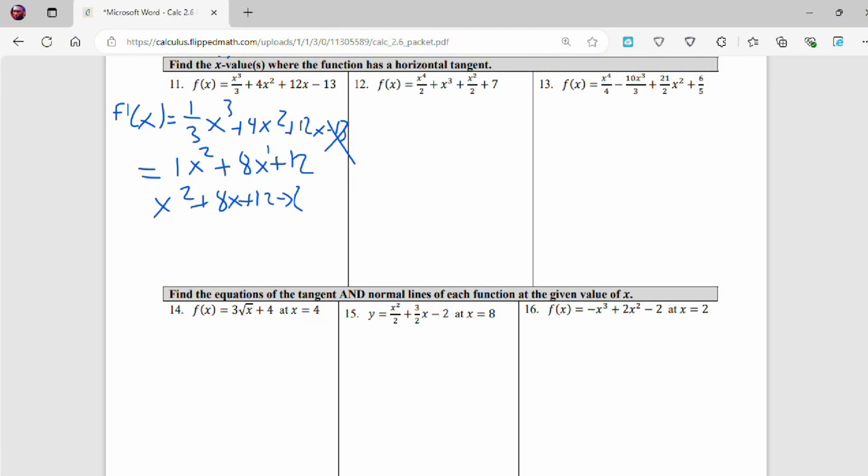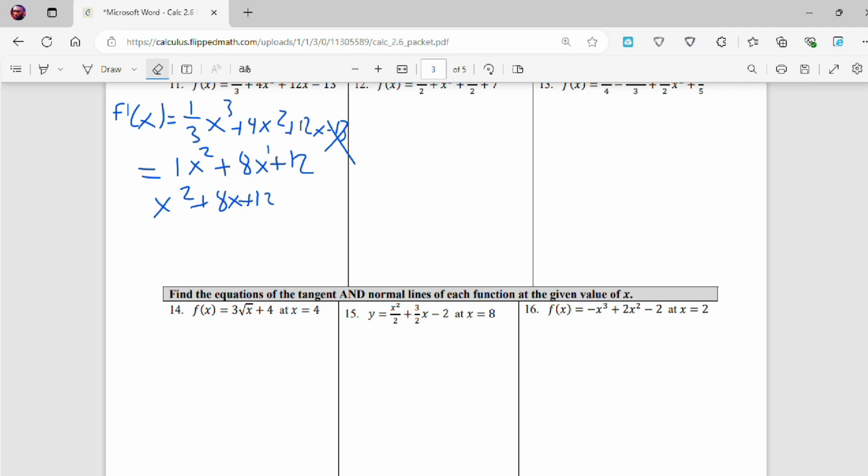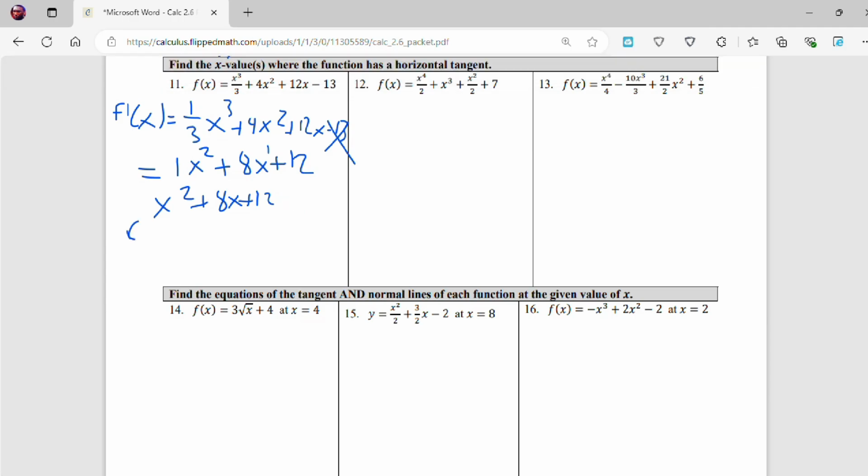Factor this. We need two numbers that give me 8 when added and 12 when multiplied. 4 and 4 doesn't work. 6 and 2 works. So (x plus 6)(x plus 2), right? 6 times 2 is 12, 6 plus 2 is 8.